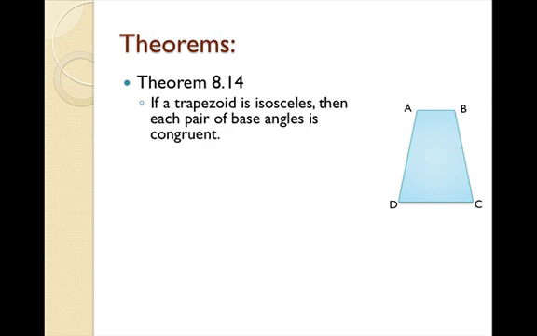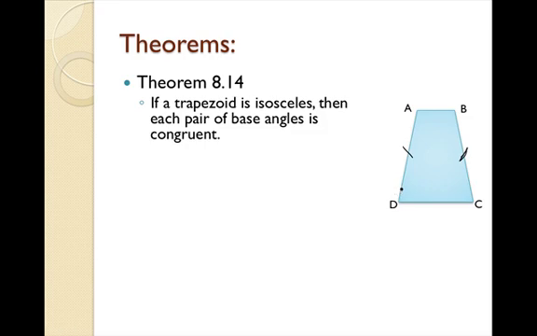Okay, so let's go on to the next slide. Our first theorem is theorem 8.14, and this says that if a trapezoid is isosceles, then each pair of base angles is congruent. Remember, we already have an isosceles trapezoid, so we know its legs are congruent. Again, the legs are the non-parallel sides. But what theorem 8.14 says is that each pair of the base angles are also congruent.